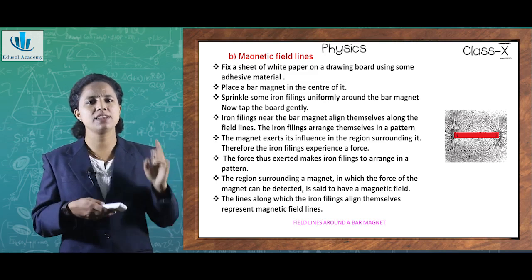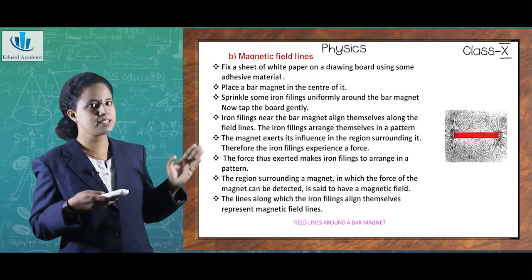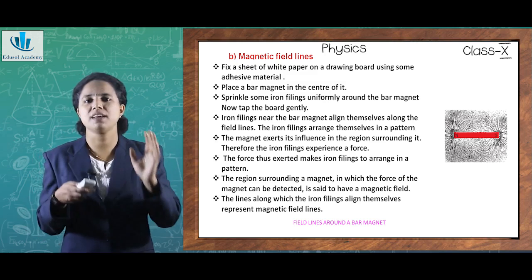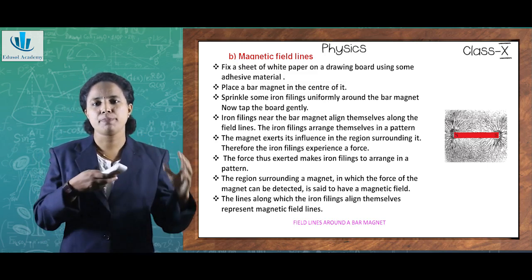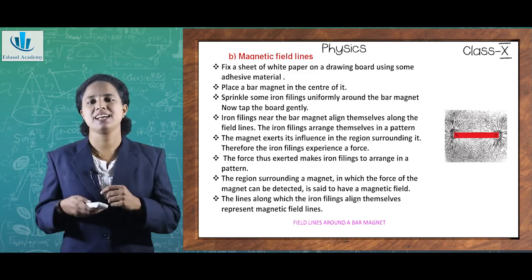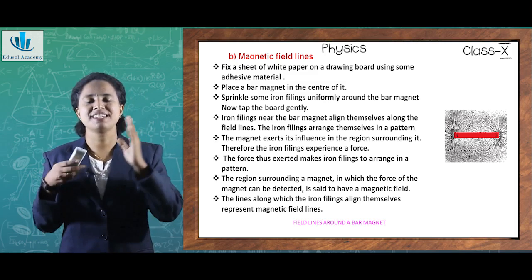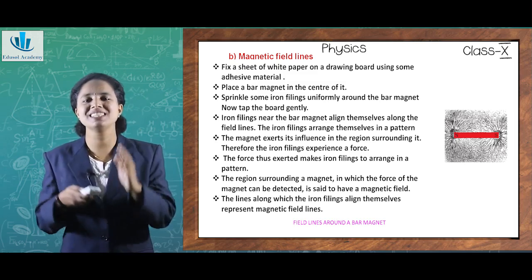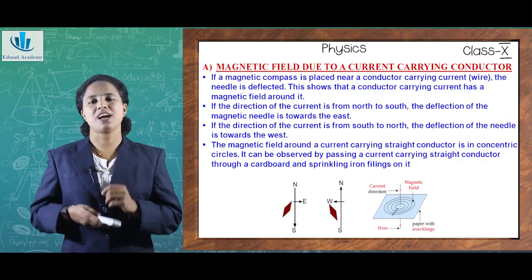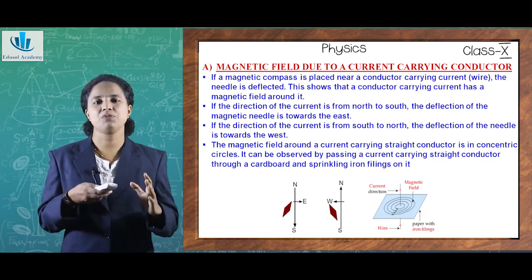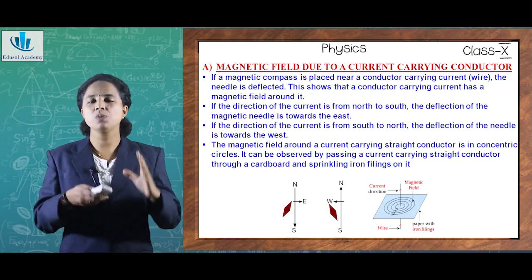You can see that they take a definite shape, aligning themselves in the pattern of magnetic field lines, showing that the magnet has a direct effect or force on the iron filings.